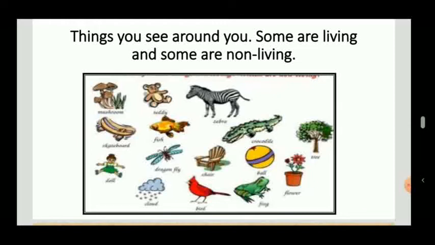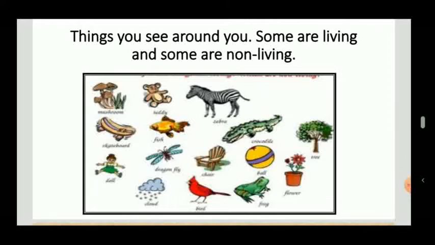You can see that zebra walks whereas the skateboard can't walk on its own. If you push the skateboard, then you can ride on it, but zebra moves on its own.